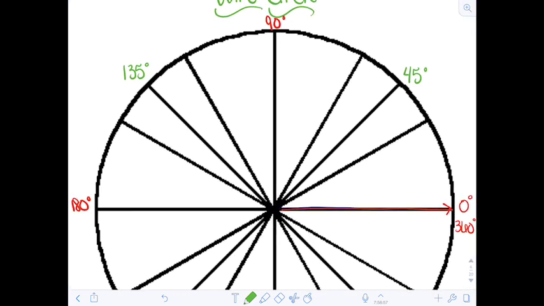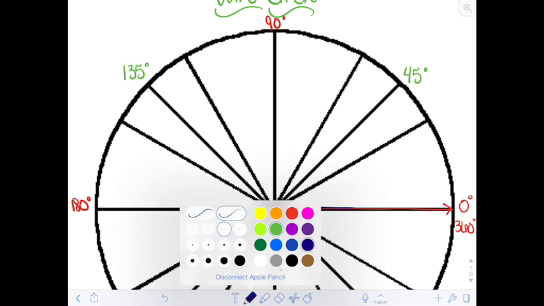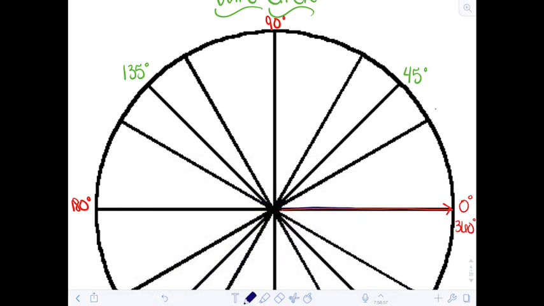The last special angles that we're going to do are my 30s and 60s. Now 60 is a multiple of 30, so all we need to do is go 30 around, and that covers the 60s as well. All right, so from 0, we have 30 degrees here. 30 more gives me 60. Another 30 gives me 90. 30 more gives me 120. Another 30 gives me 150.